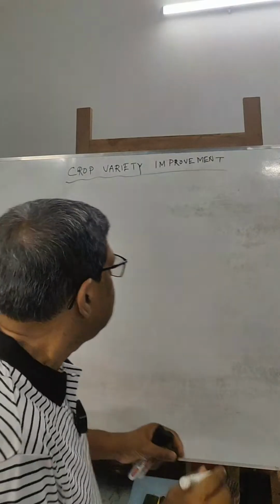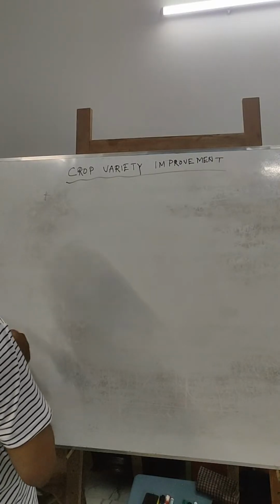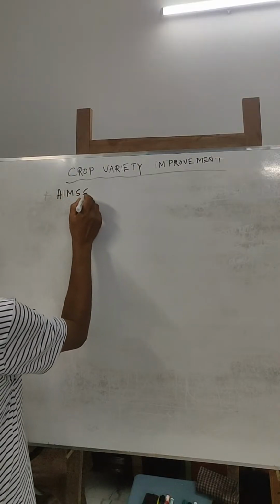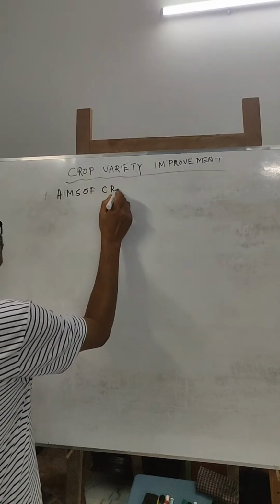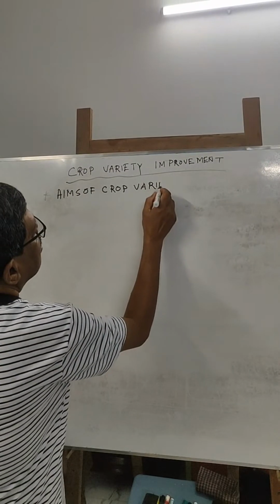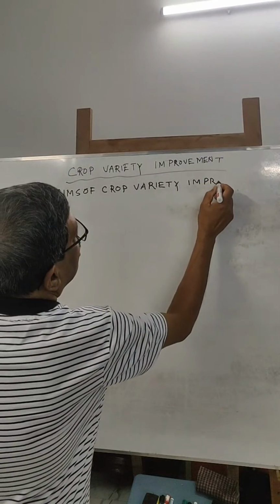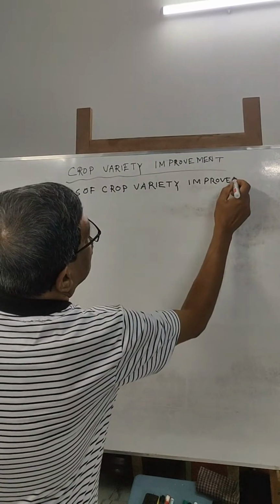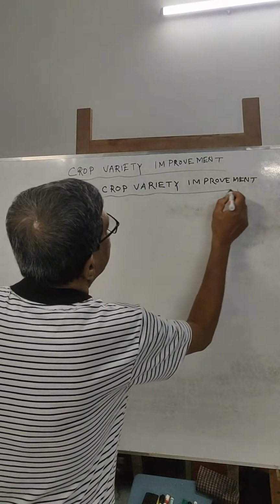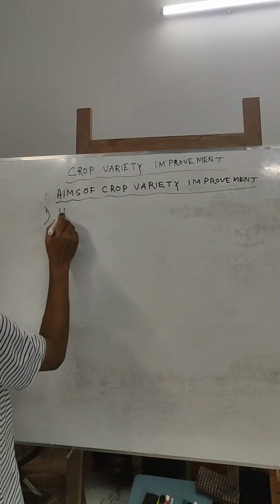Aims of crop variety improvement. Number one, higher yield.